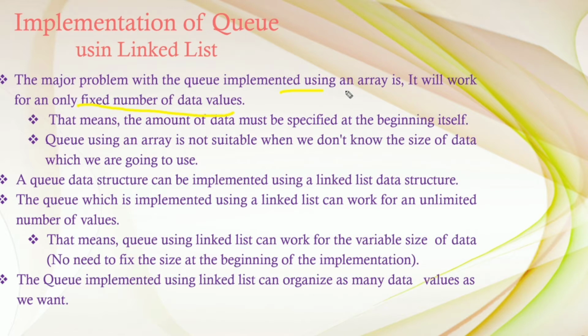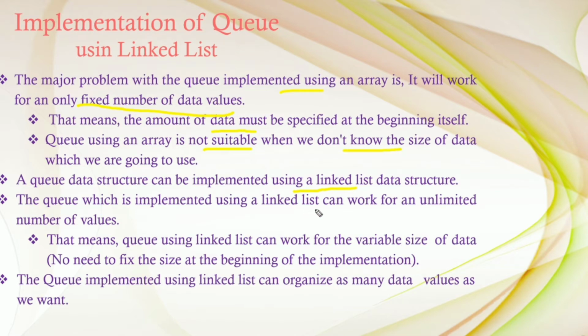For the declared number of elements only we can insert the elements, which means the amount of data must be specified at the beginning itself. Queue using an array is not suitable when we don't know the size of the data. In those situations we can implement the queue using the linked list data structure.